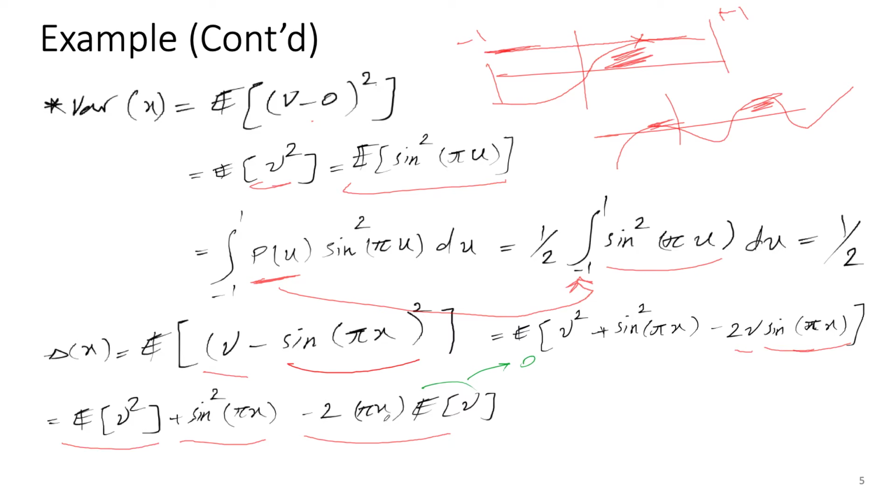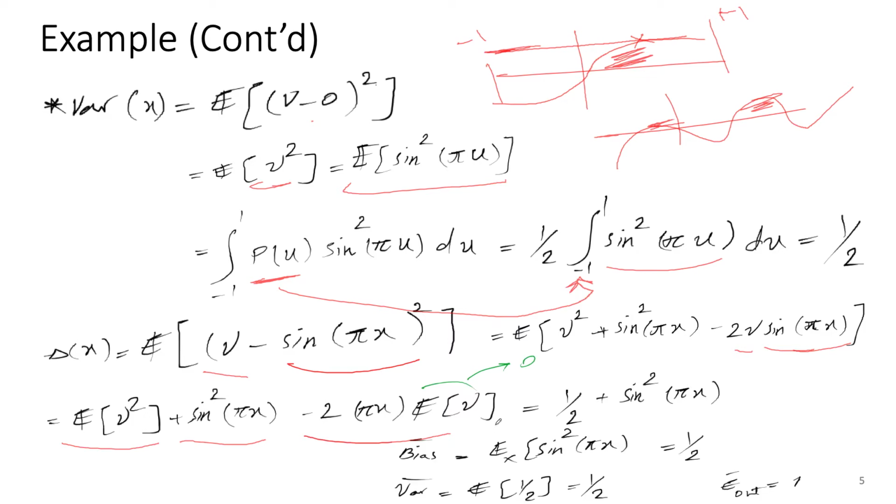And the final result for your delta x would be half plus sine 2 pi x. So your bias would be half, your variance also is half, and E out, the out of sample, is going to be 1, right?